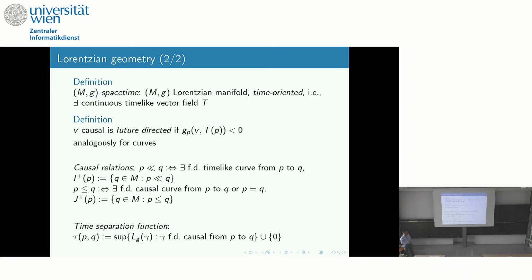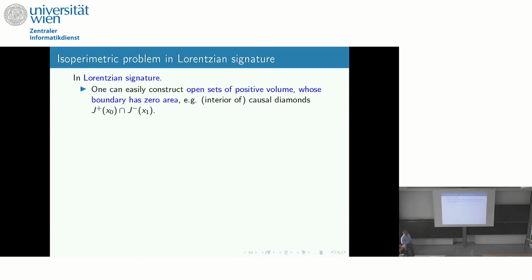So the time separation between two points is the supremum of the length of curves which are future directed, causal from P to Q, and we take the sup also with 0. So if you have no causal curve, you just put 0, and you don't want minus infinity, just as notation here. And as a fact, while in the Riemann setting the distance satisfies the triangle inequality, in the Lorentzian setting the time separation satisfies the reverse triangle inequality. You don't have a metric space.